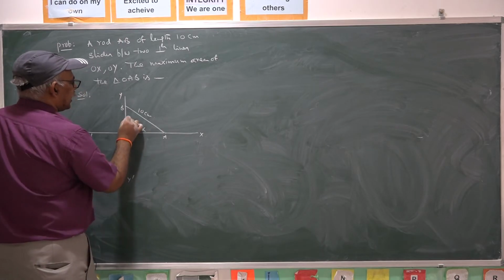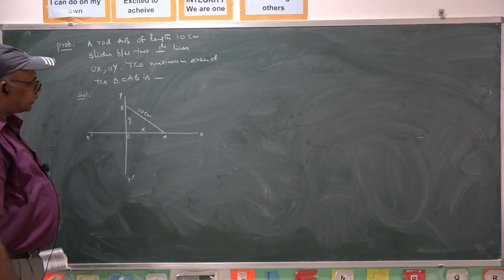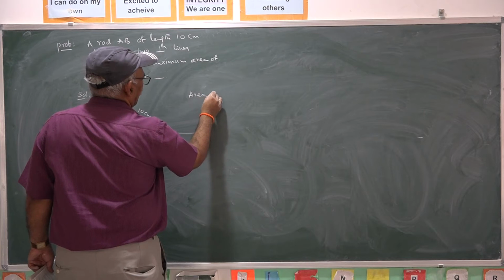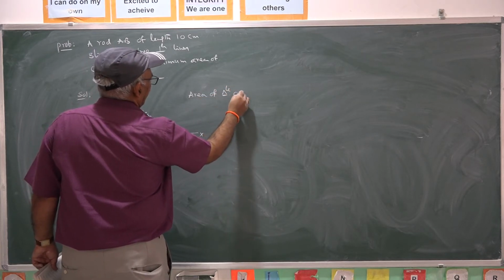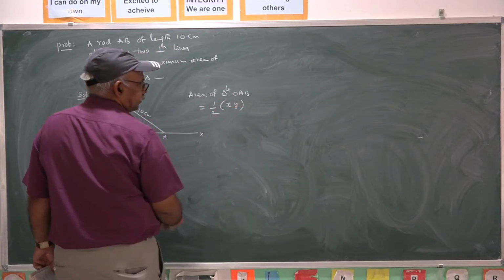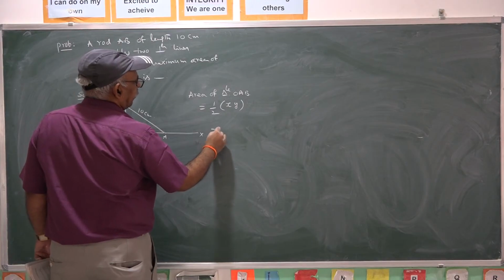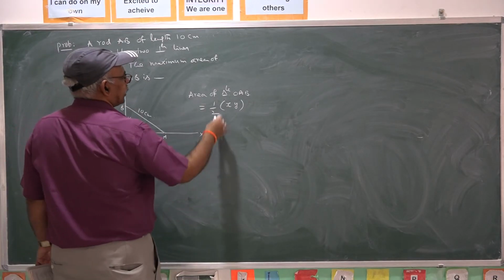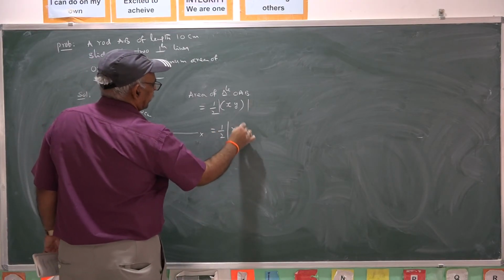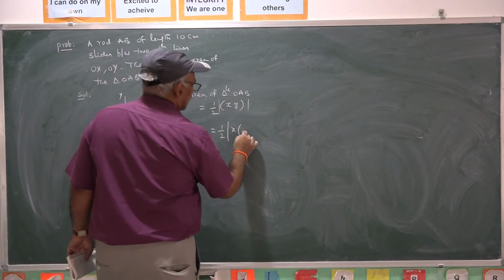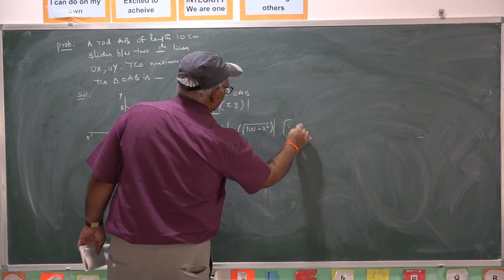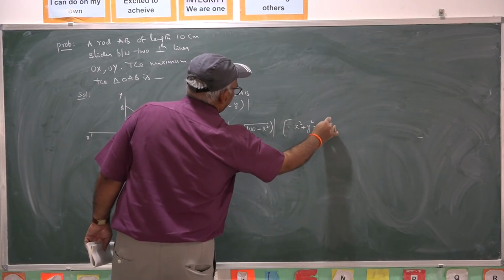Let this be x and this be y. X intercept is x, y intercept is y. Area of triangle OAB is half base into height, x into y, with modulus of course. 1 by 2 into x into y, where in terms of x, y is the square root of 100 minus x square, since x square plus y square is 100, as per our figure.